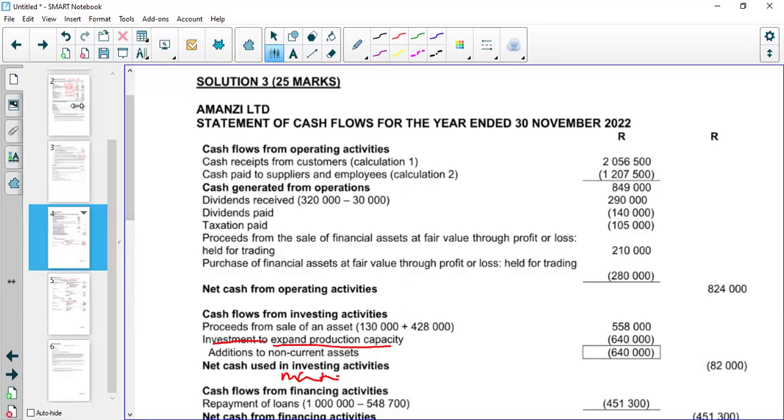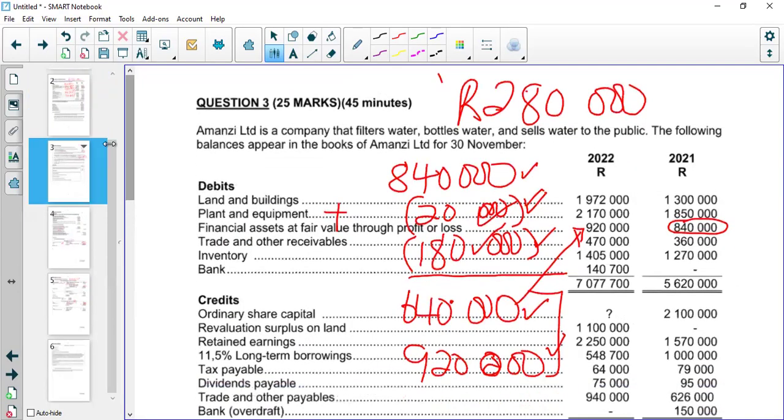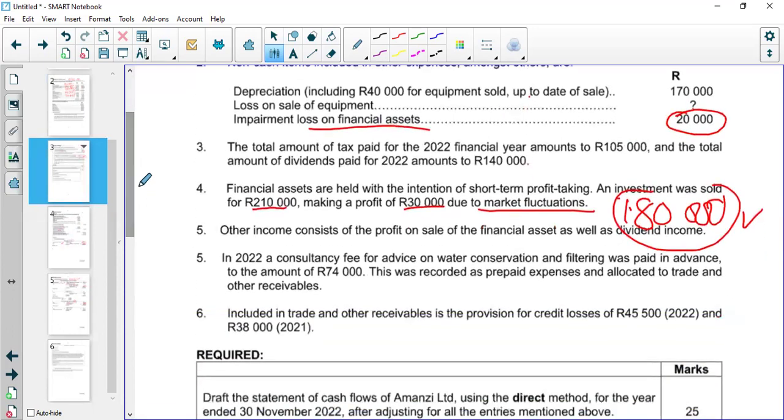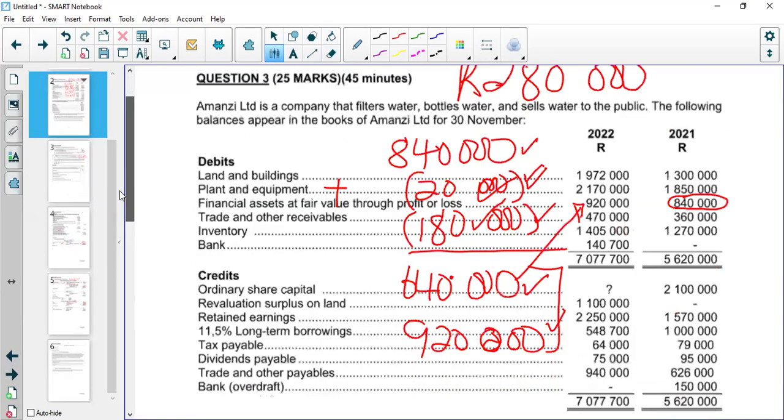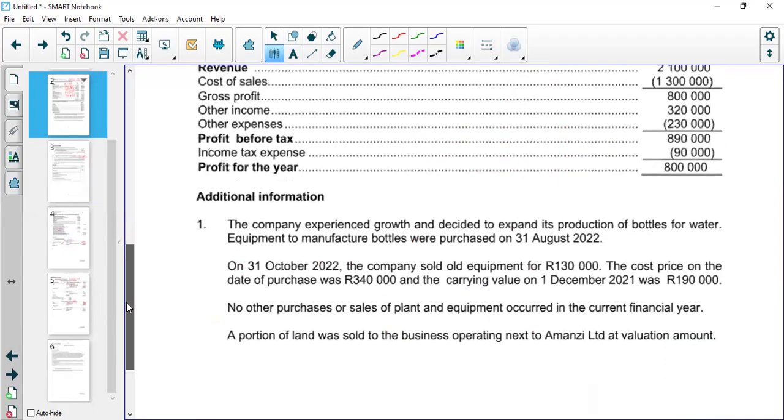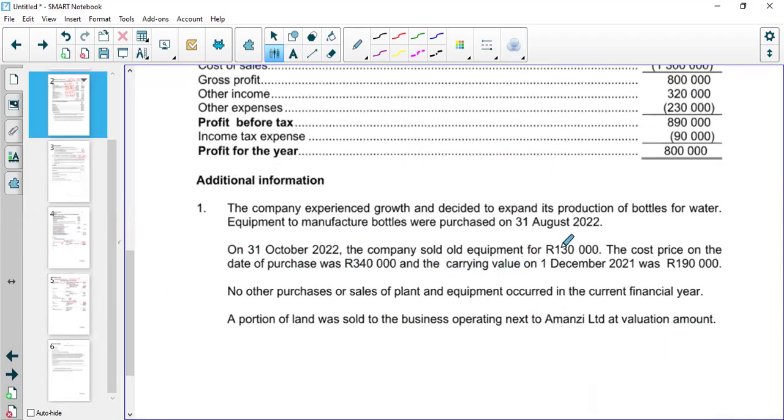So we start with the proceeds from the sale, which is very simple. Proceeds from sale, this is operating. So there's that proceeds from sale, which is 130. So we sold for 130. The actual amount received.